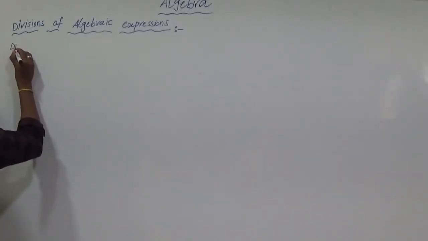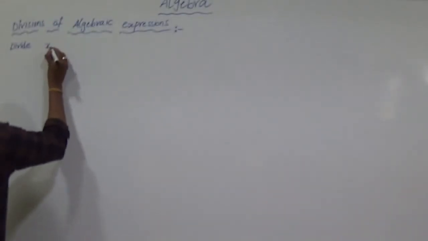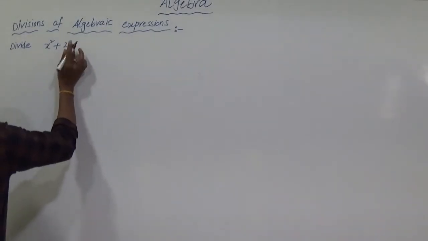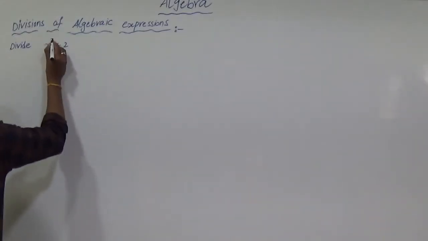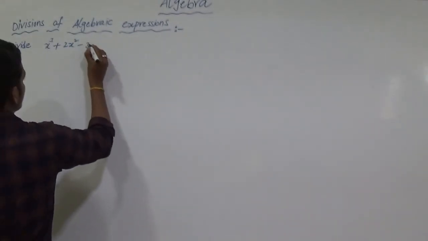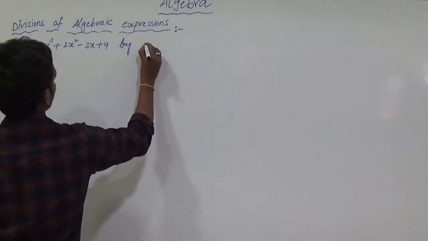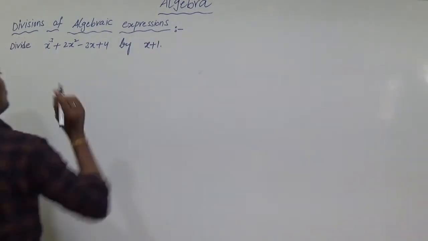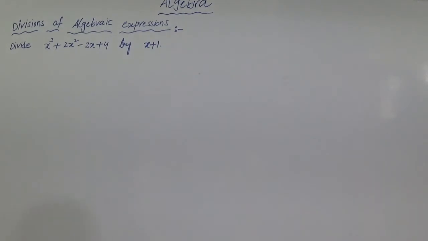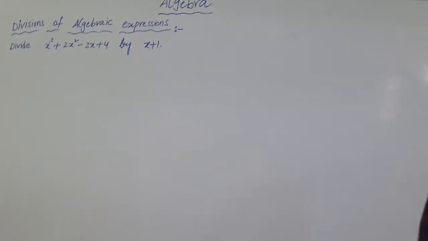Divide x cube plus 2x square minus 3x plus 4 by x plus 1.